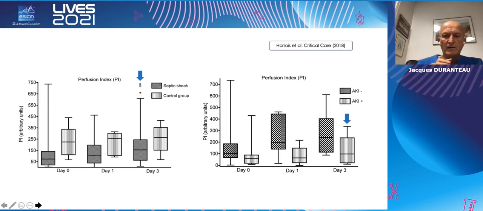And the patients who had an acute kidney injury at day 3 were the patients with a more severe alteration of cortical microcirculation. So clearly there is a link between the alteration of cortical microcirculation and the development of acute kidney injury.